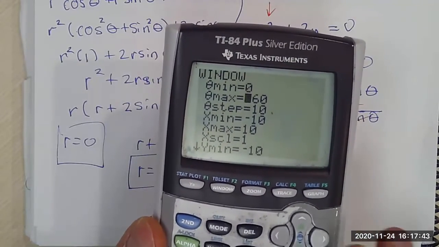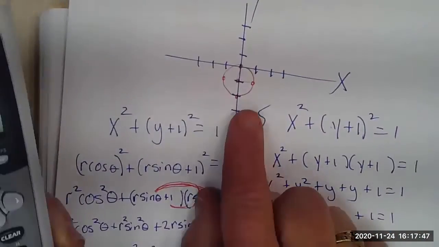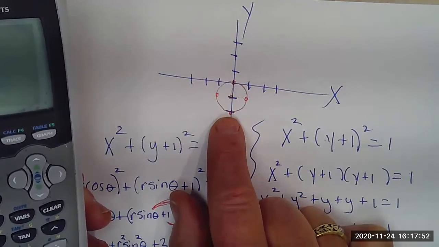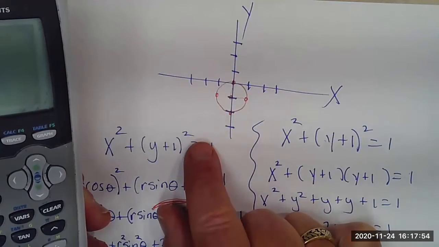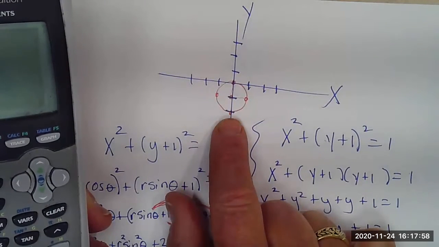Okay, now the x minimum. If I go negative 10 to 10, it's going to be a very small circle, hard to see. I think I'm going to go negative 3 to 3. You see how the circle only goes down to negative 2?